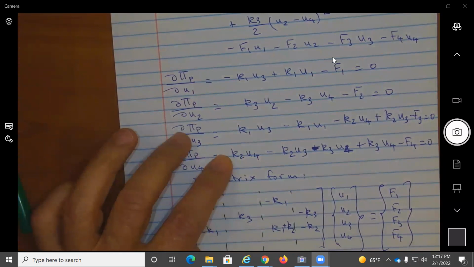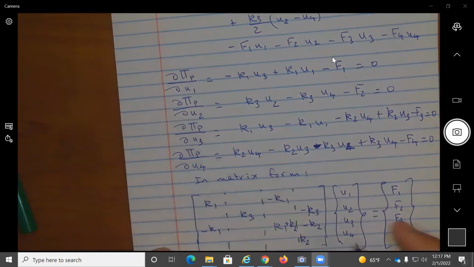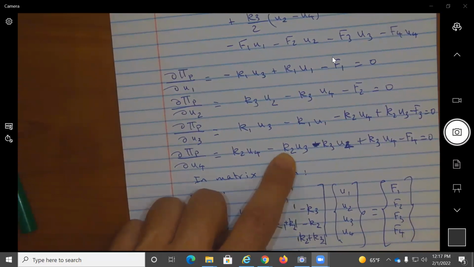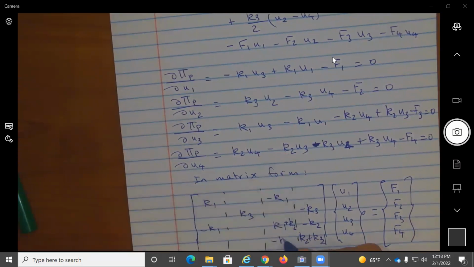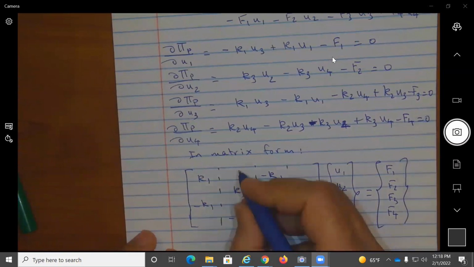For the fourth line, I have a k2 times u4. I also have a k3 times u4, so k2 plus k3. I have a minus k2 u3, and I have a minus k3 u2. Everywhere else, we're going to put zeros.